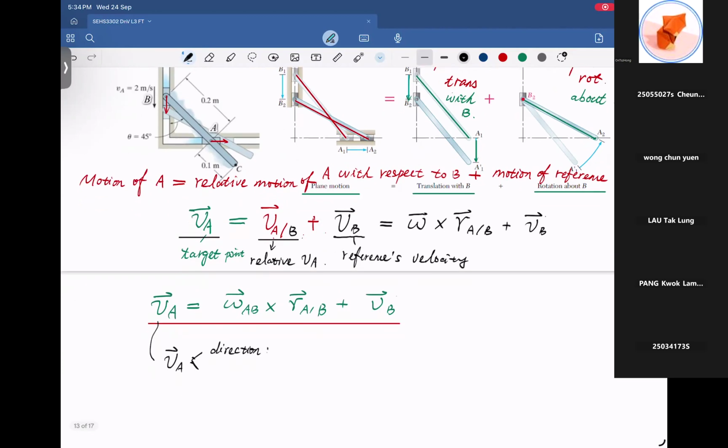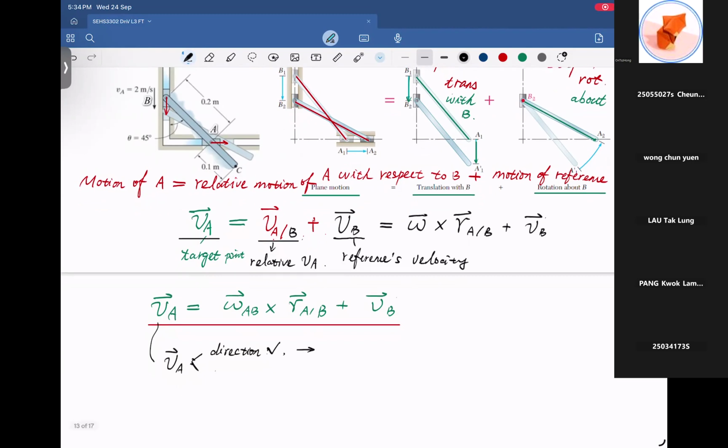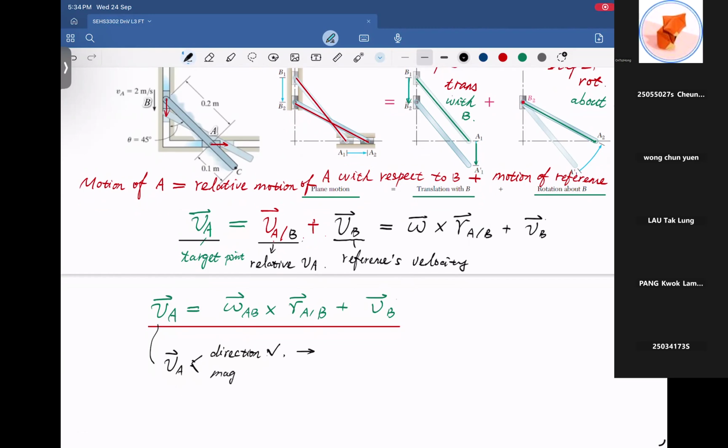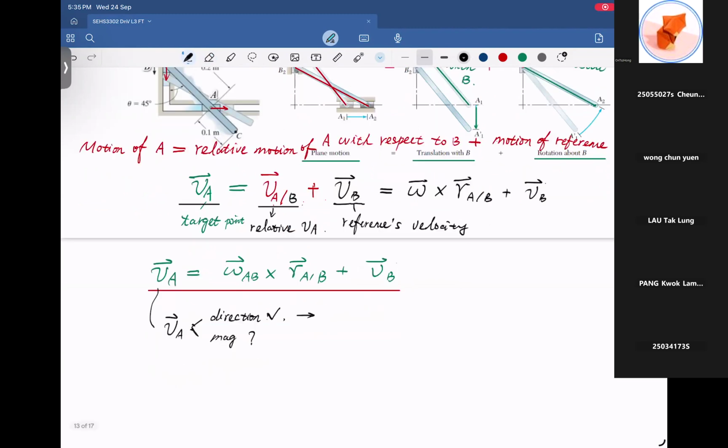We know it's to the right. And for VA, the velocity, the speed, the magnitude is not given, right? We just use a question mark. This is the VA.